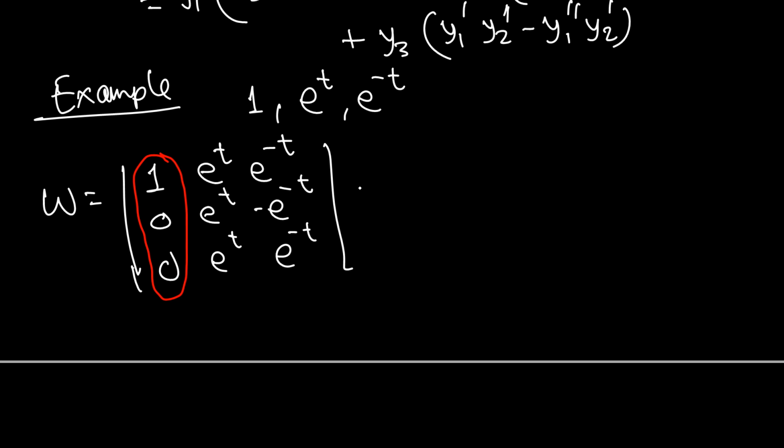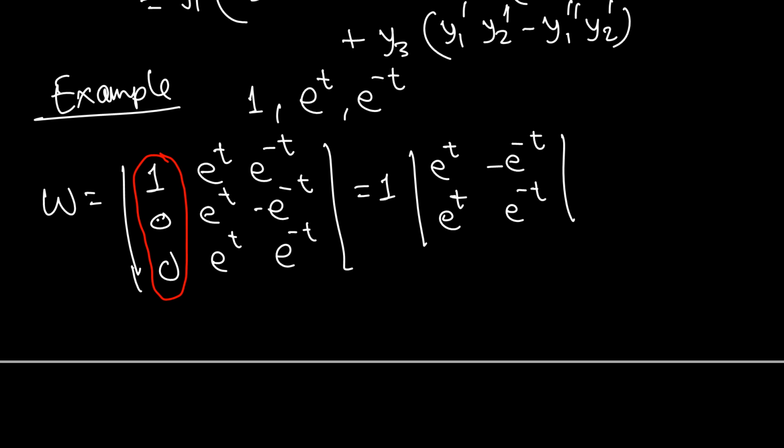So expanding this will be 1 times the determinant after we delete the row and column containing 1, that's e to the t, negative e to the negative t, e to the t, e to the negative t, minus 0, but everything becomes 0, so I don't have to do anything, and 1 does not count.